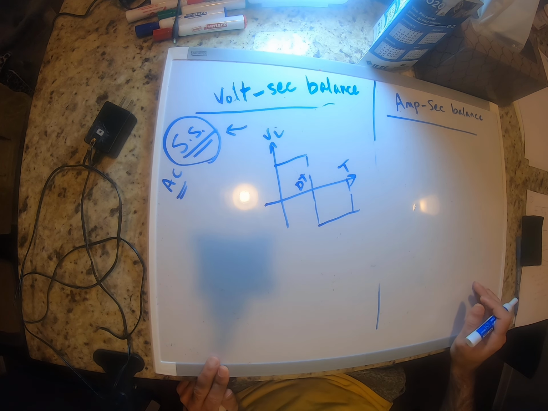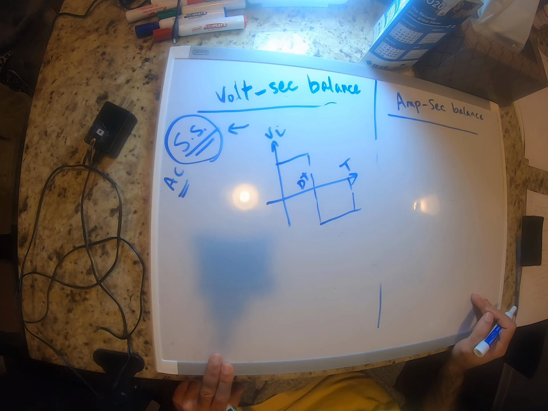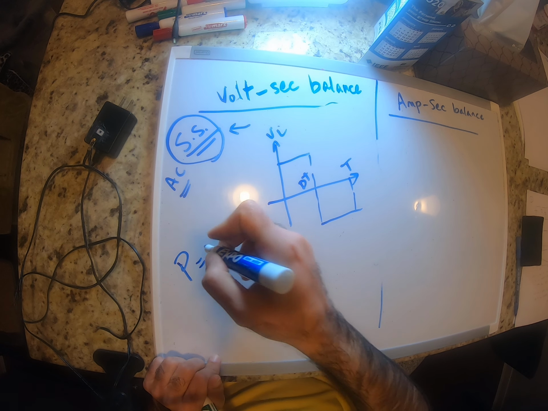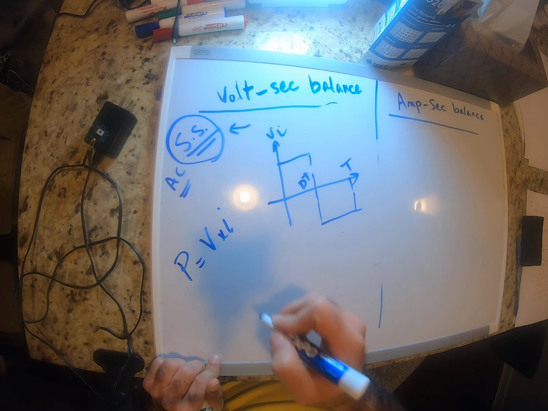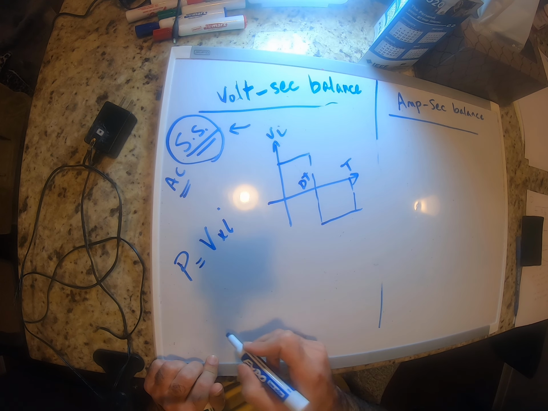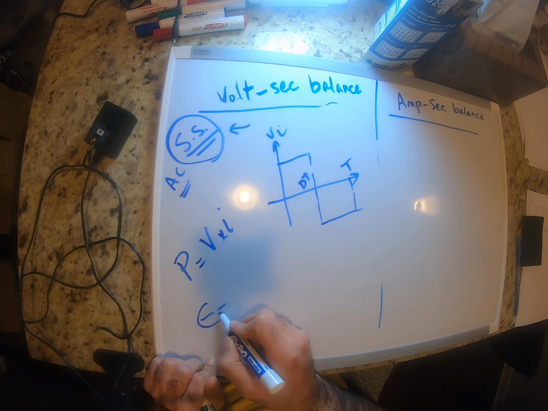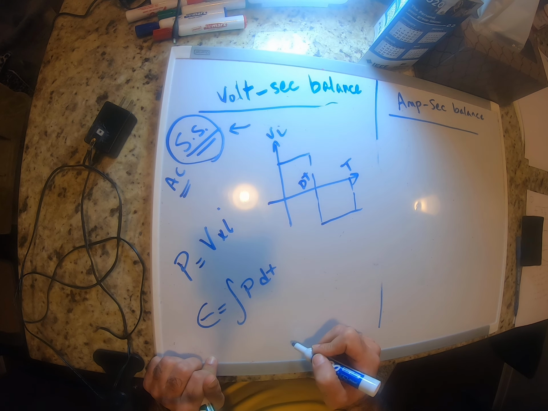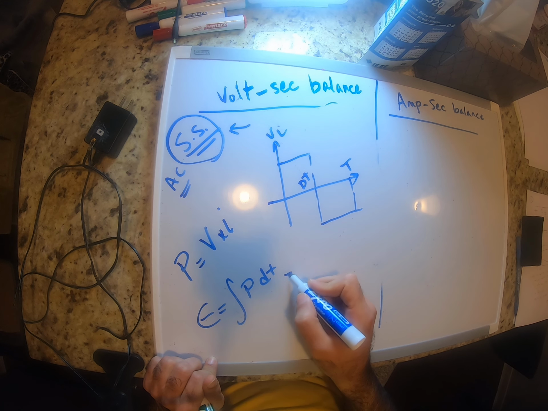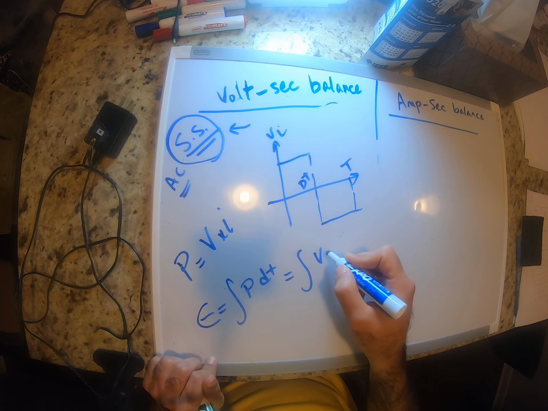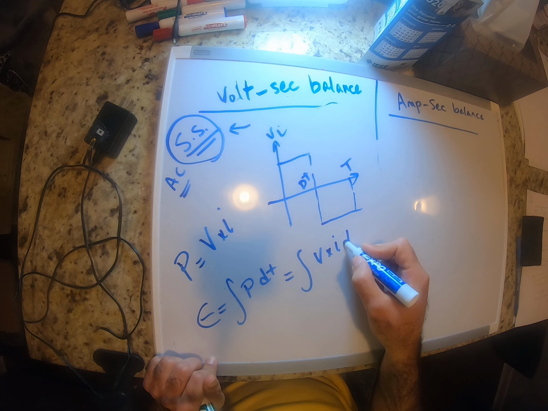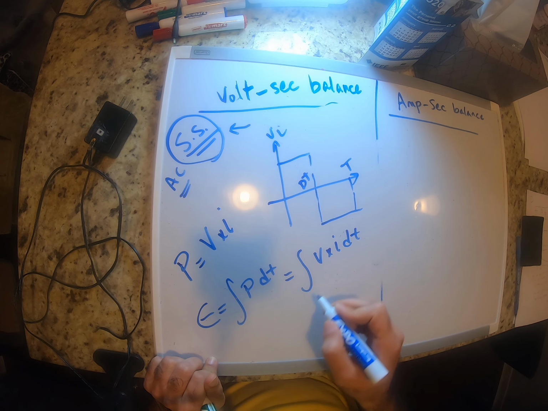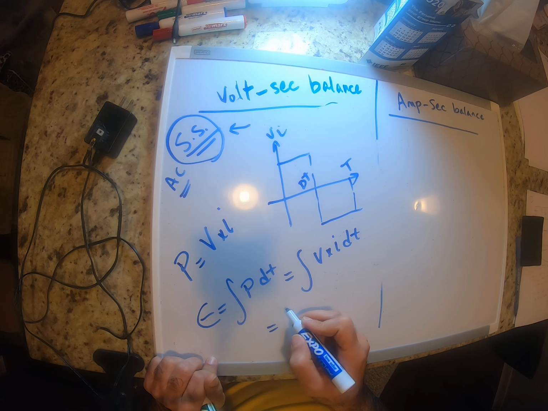If you guys remember the definition of power, power is V times I, right? And energy is integral of power over time, right? So if I just expand this, it would be V I dt, right? And again, I'm just going to expand this even further.